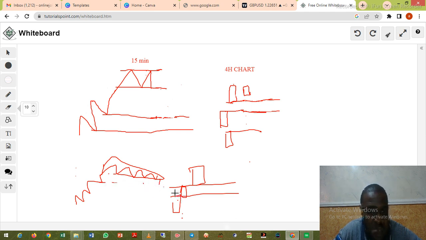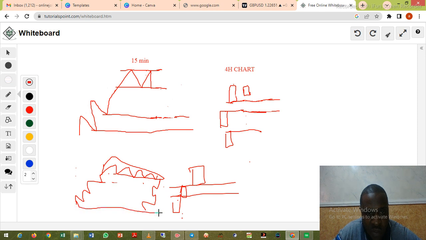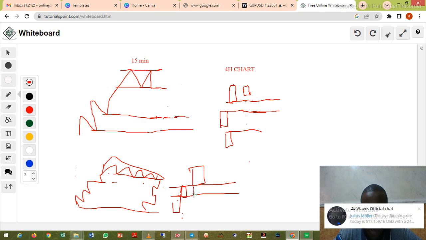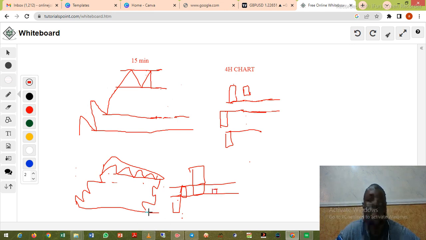When this 15 minute candle starts stretching to this point, on the 1 minute chart you start falling to this point. And once the 15 minute candle stretches to this point and closes, the new one opens, and you are entering a sell here in 1 minute. And it begins to go up.